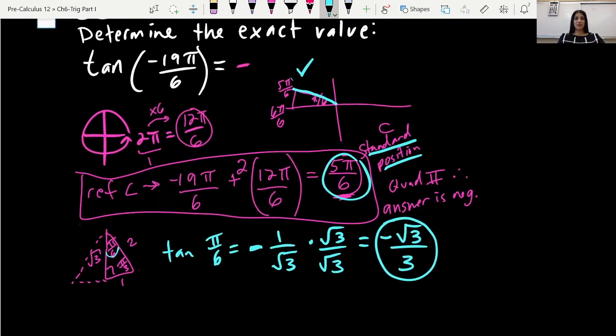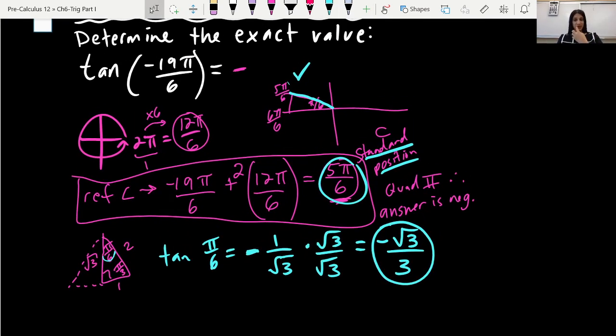So to remind you, after all the stuff that we just went through, I used this second quadrant stuff to help me figure out if the answer is going to be positive or negative. I could have drawn this special triangle into that second quadrant, but I'd have to adjust things and rearrange it.